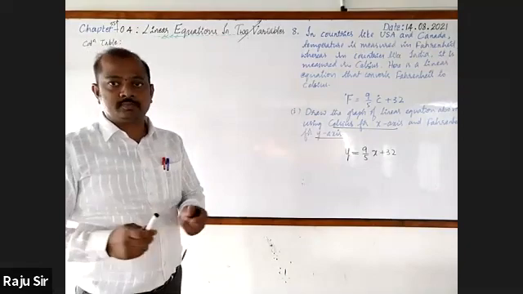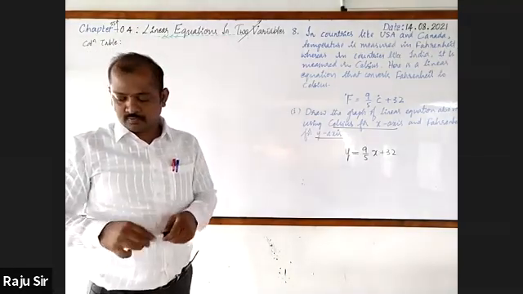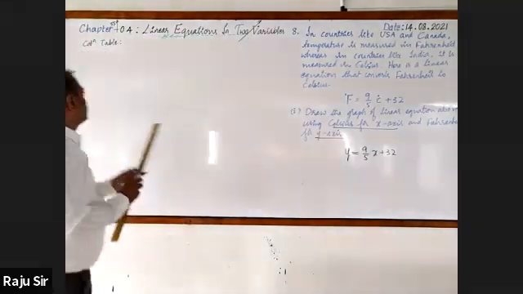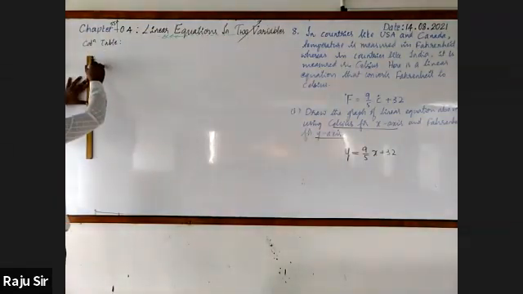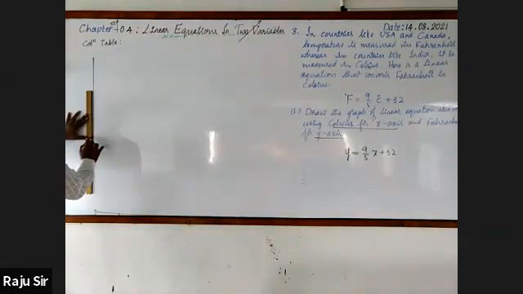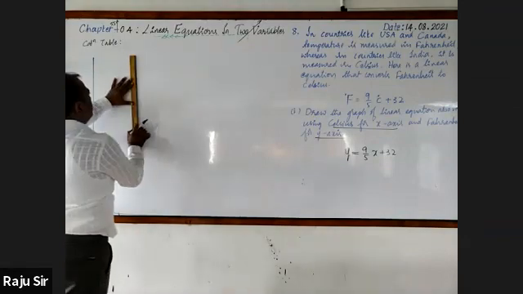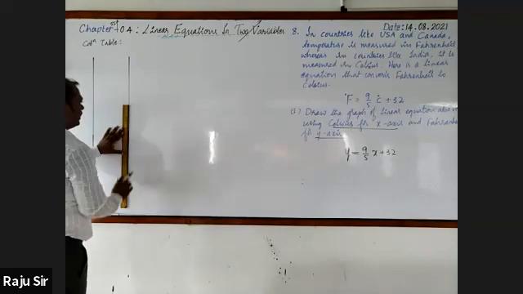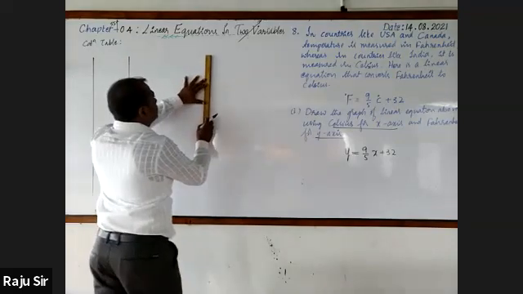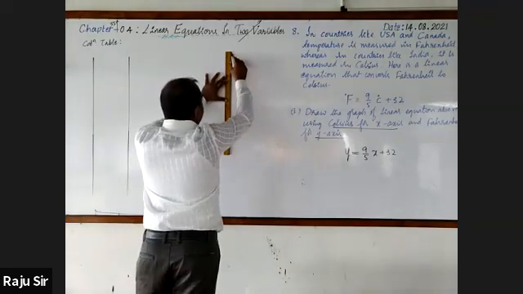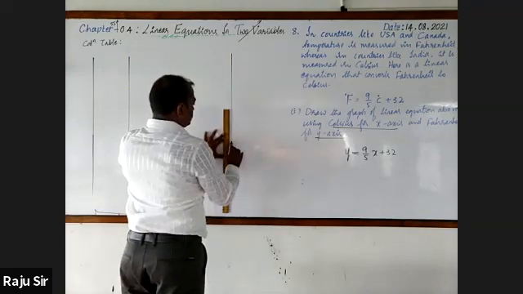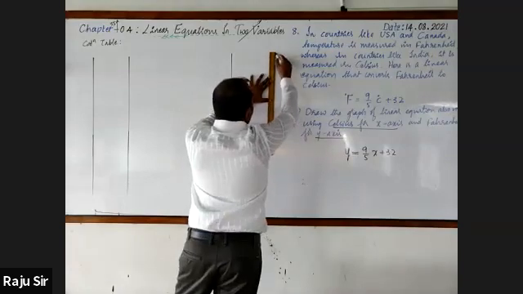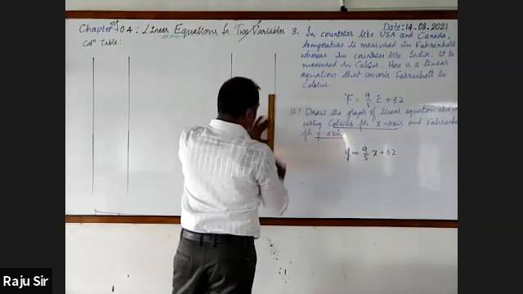First column is for x, nothing but temperature in Celsius. So we have to draw this in graph. I will tell you when to use the graph book. Till then you should keep on writing in the notebook.